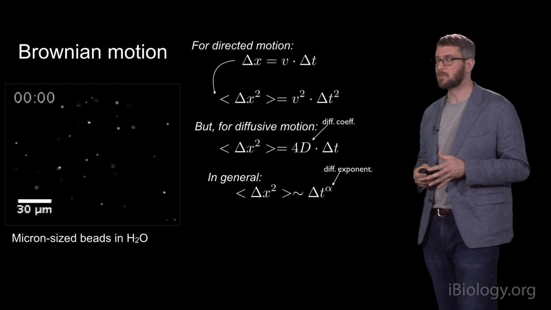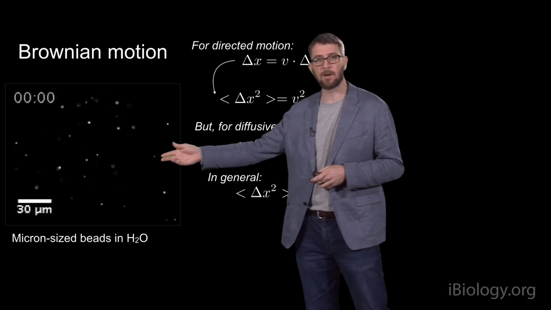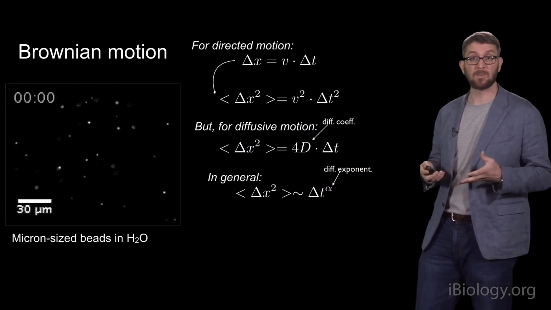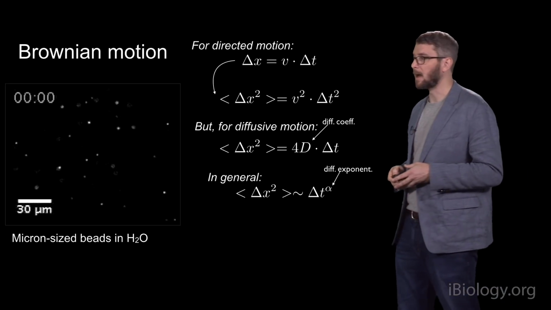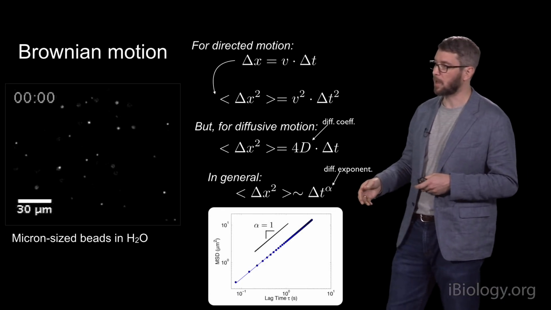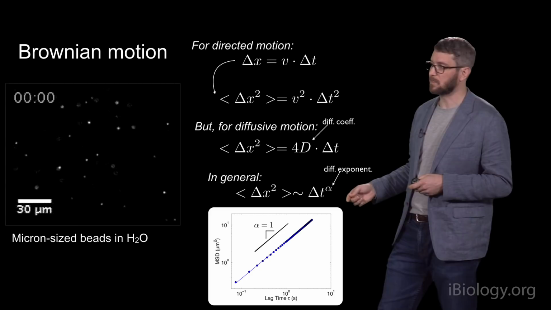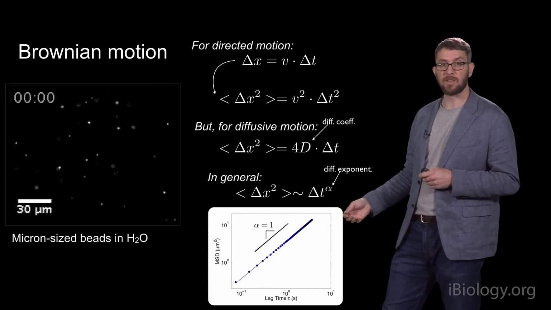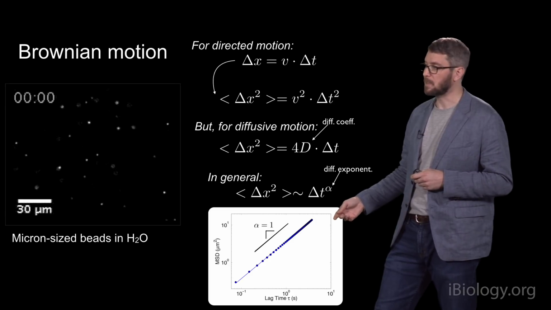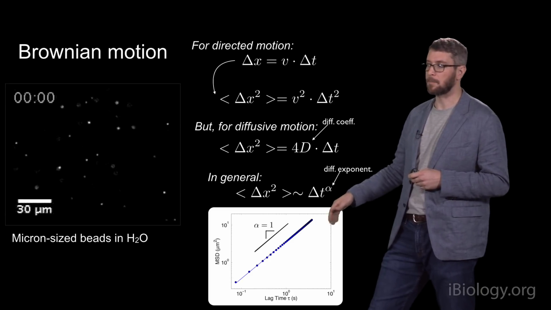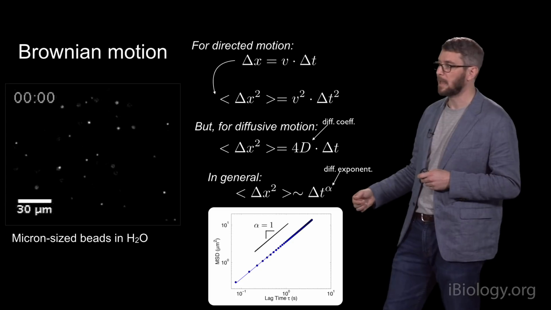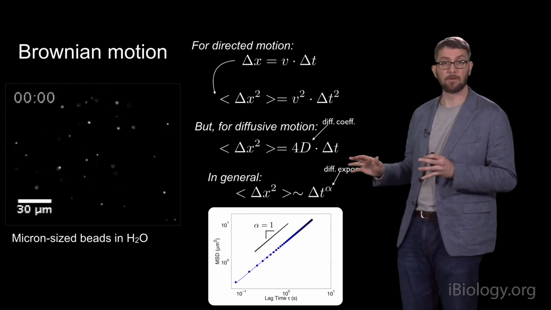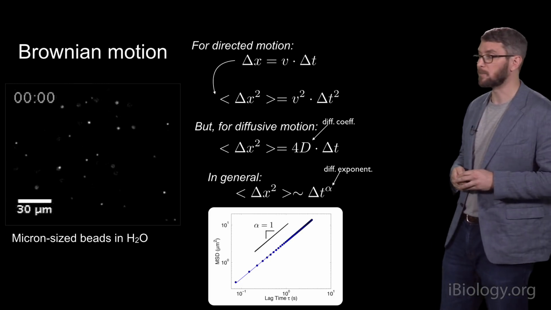What we often do is take movies like the one you saw here with the beads and then plot the mean square displacement, or MSD, on this log-log plot, and the slope then is this diffusive exponent. You can see this is actually data from a movie just like that one here, and you can see that the mean square displacement is linear as a function of time on this log plot, and that says that the diffusive exponent is 1, which is exactly what we expect for the simple description of Brownian diffusion.